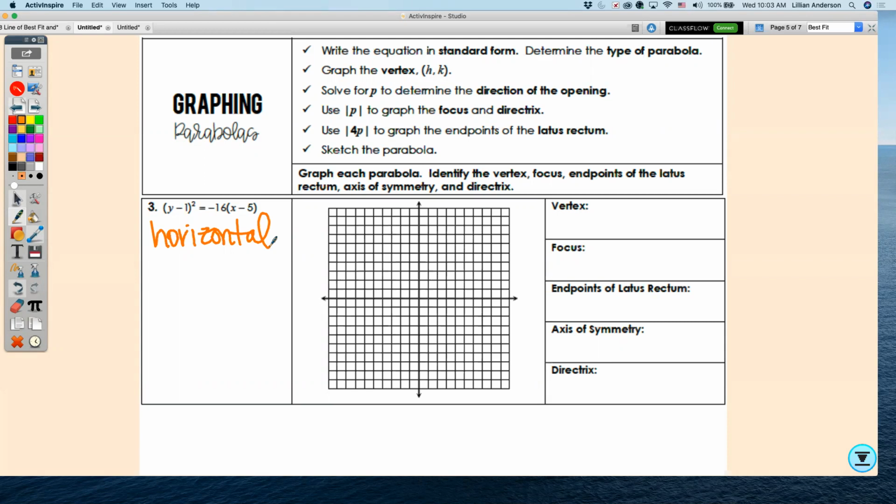H is with your X, K is with your Y. So my vertex is going to be 5, 1. Remember, standard form, y minus k squared equals 4p times x minus h when it's horizontal. So 5, 1.